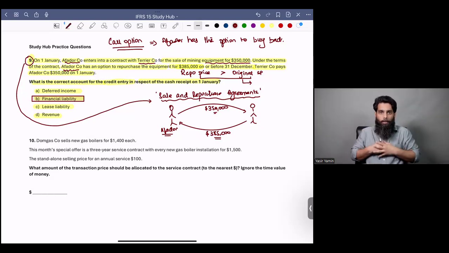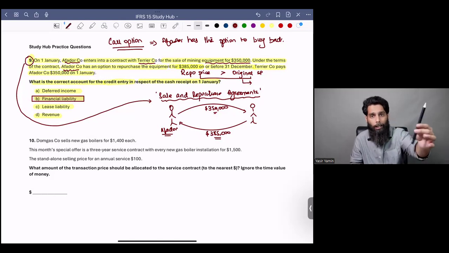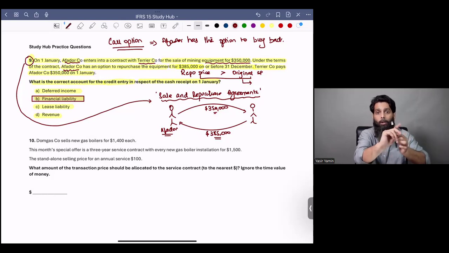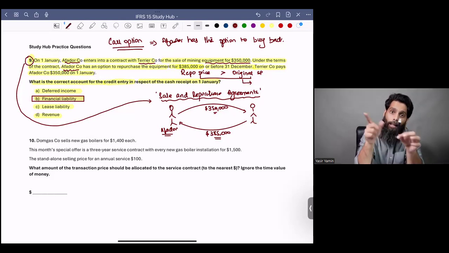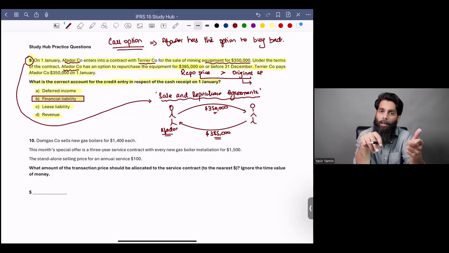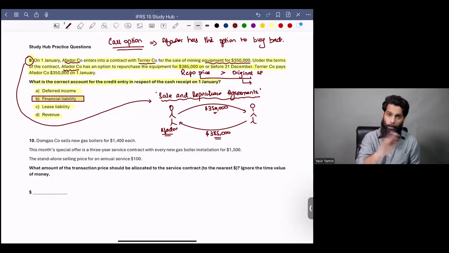You don't have the right, I have the right. It's not a sale. The amount that you paid me, 350,000, and I gave you this pen, this was just a collateralized, securitized transaction. I gave you this pen as security and took money from you. And when I pay you back 385,000, the extra 35,000 is for interest. It is for time value. And that is why it's a financial liability. It's not a sale.